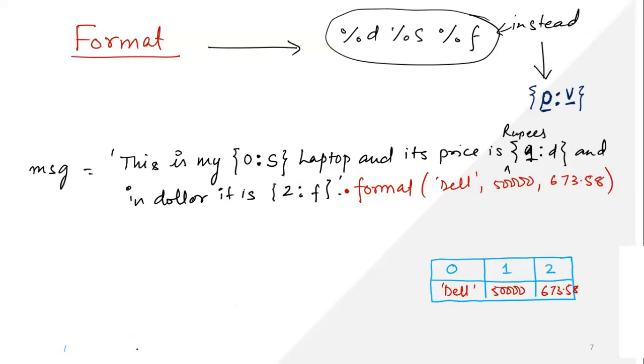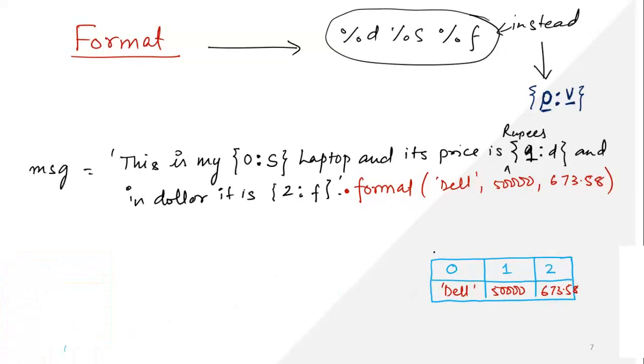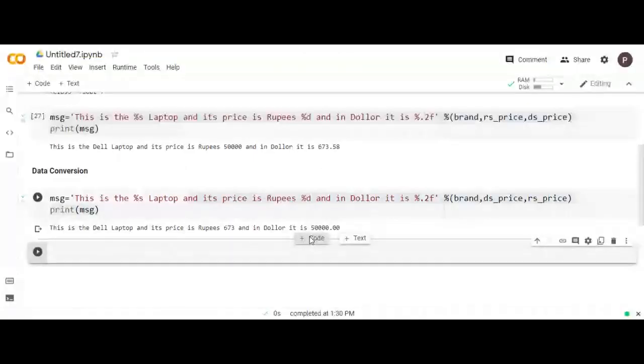This tells you that at position 0 my string is present, that's why I'm saying s. At position 1 my integer value is present, and at position 2 my float value is present.